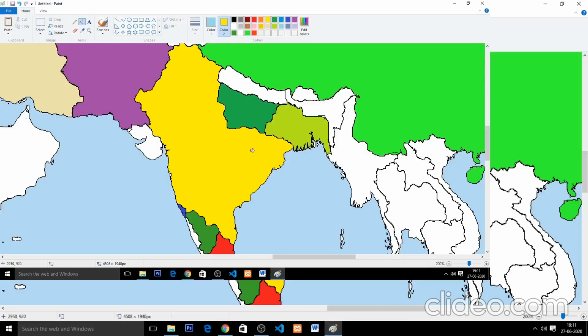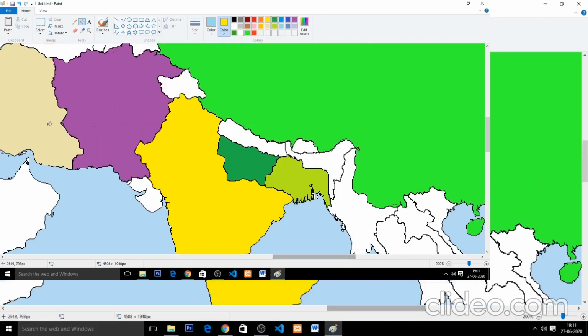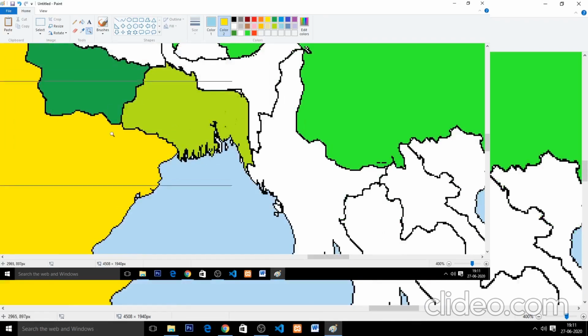Anyway, in this alternate timeline, instead of agreeing to the Nawab of Bengal's offer for peace in 1751, the Maratha Empire continues and completely takes over Bengal, which results in the Maratha Empire looking like this.